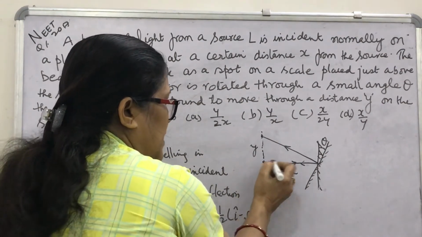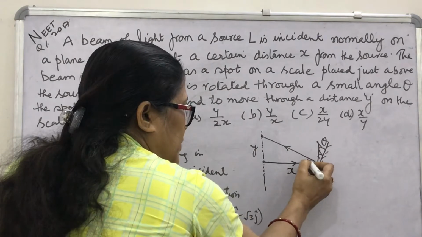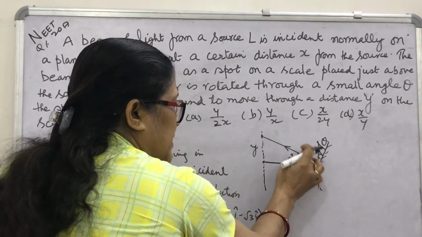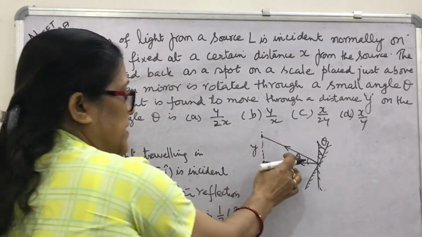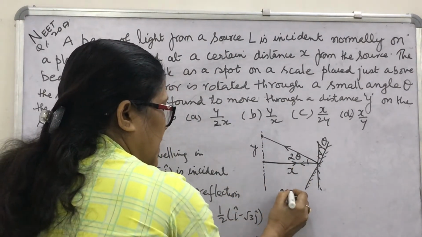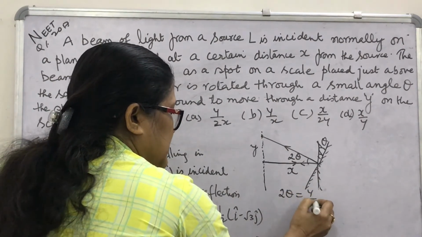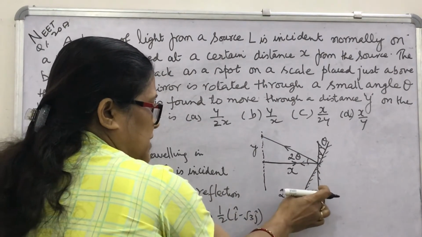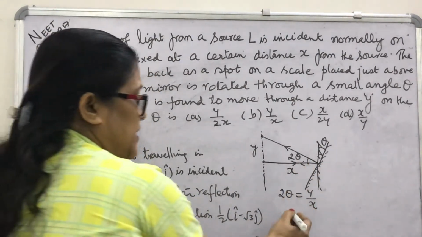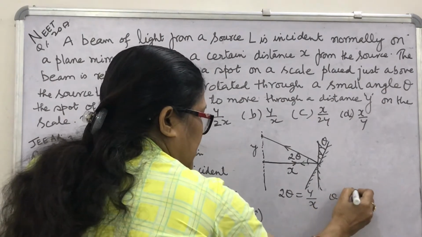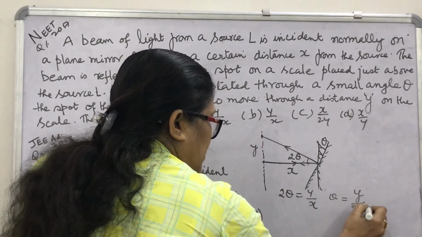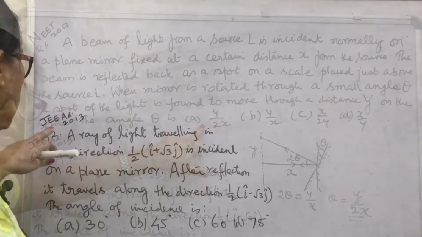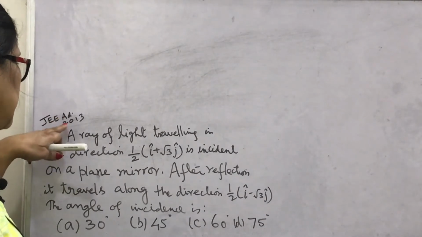Then this is y. What will be this angle? As per the plane mirror rotated by theta, the reflected ray is rotated by 2 theta. For very small y and x, you will write 2 theta as y by x. What will be theta? Theta will be equal to y upon 2x. So which option is correct? This one, A.